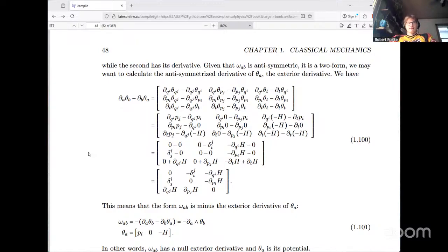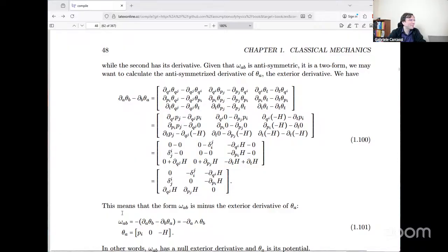And this is just pure calculation. You have to remember that theta A has these components, and then you basically plug them in. So this is just the expression of what all the components would be. Then the second step is that all the theta q become p, because those are the components.